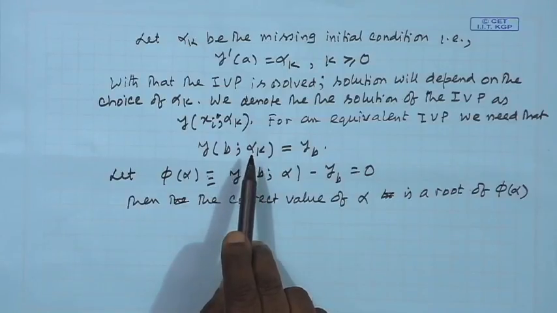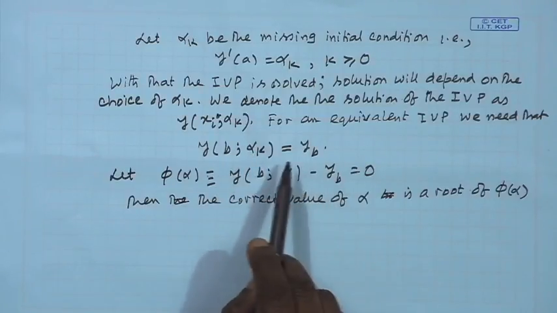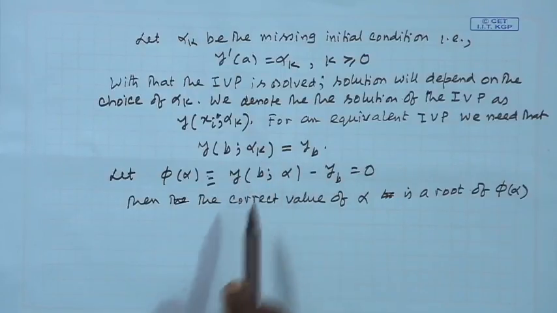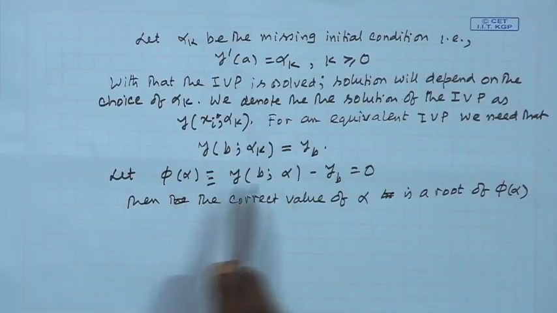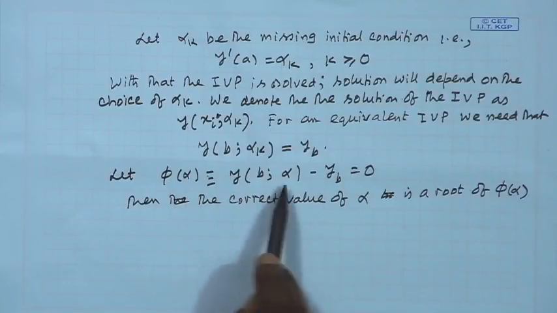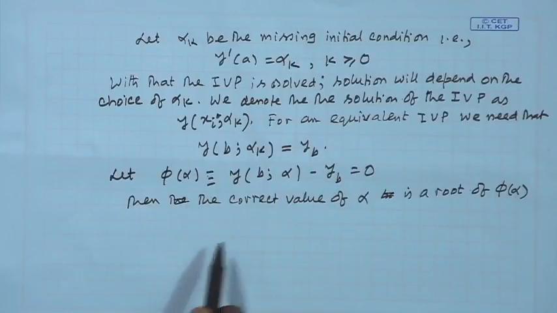Now, that alpha k, the missing initial condition, will be correct provided we get this relation. So we now construct an equation phi alpha equal to 0 defined this way. So, this gives the clue of how to find this alpha k.